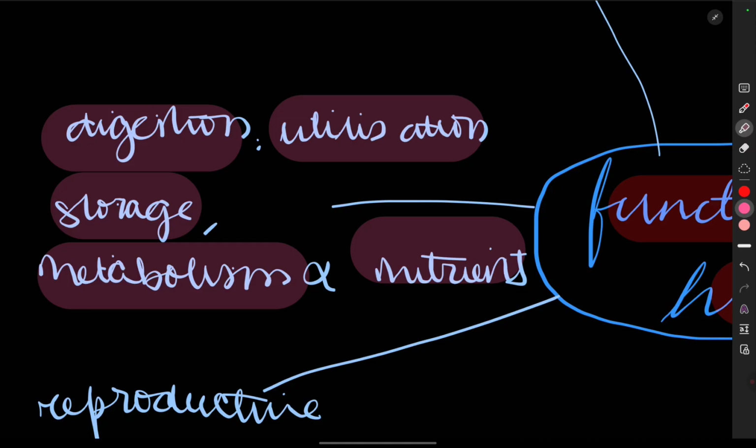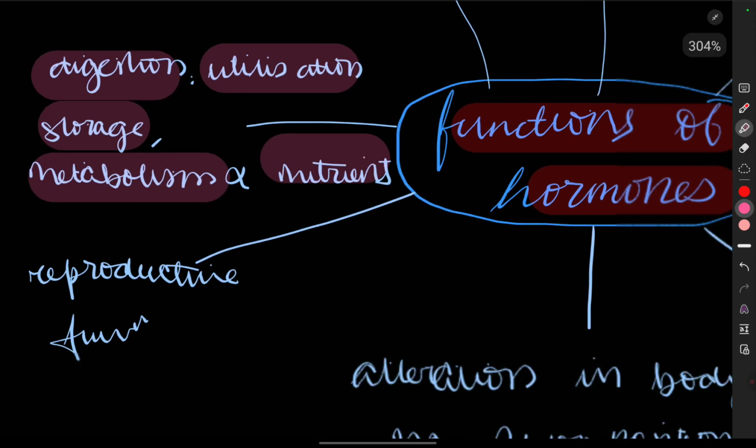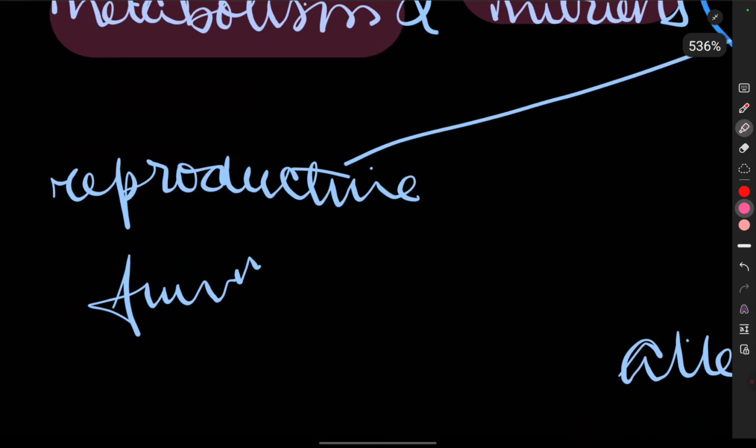And if hormone secretion is disturbed, either too low or too high, all these functions will be altered and it leads to health issues.